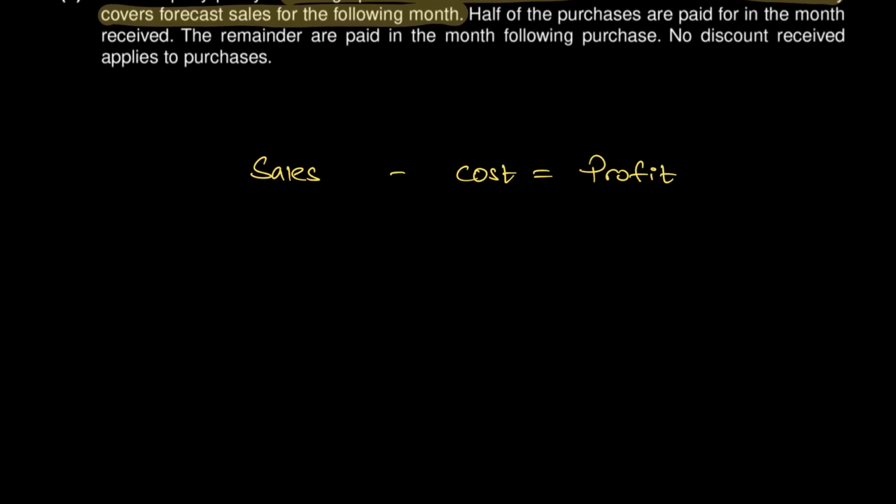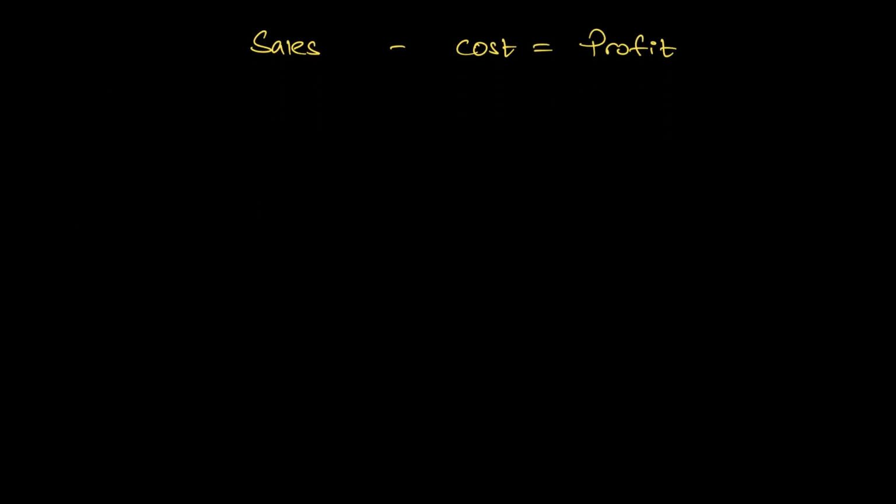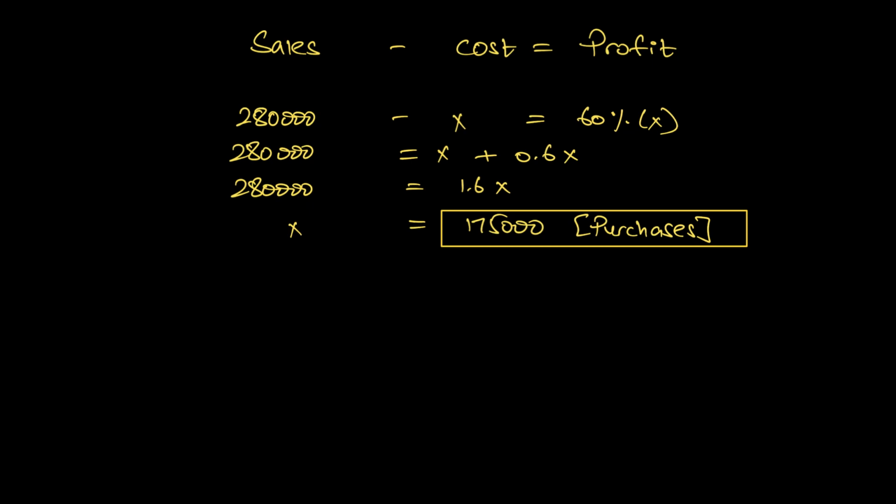Alright, so we'll solve this over here. I've written this down: sales minus cost is equal to profit. That's our basic equation. Now for every sale that we have, we need to find its cost. So for the first one, which is the sales in June but will be bought in the month of May, 280,000 was your sale. 280,000 minus X is equal to 60% of X, which is your markup.